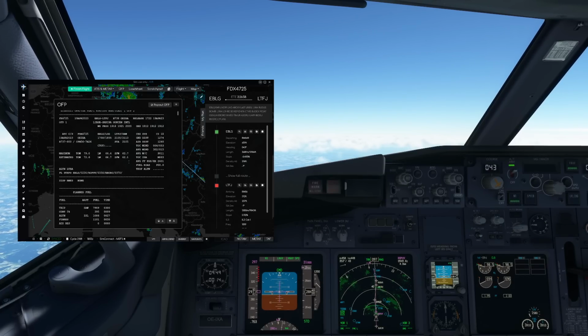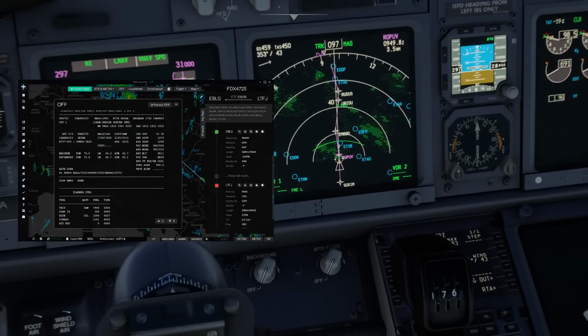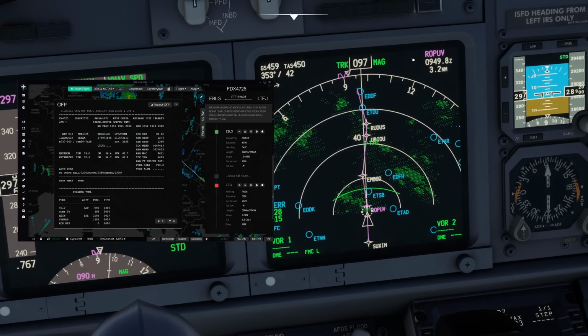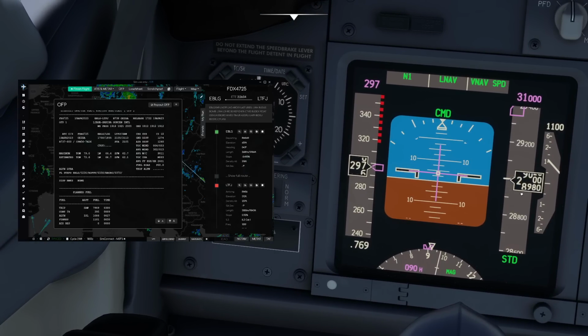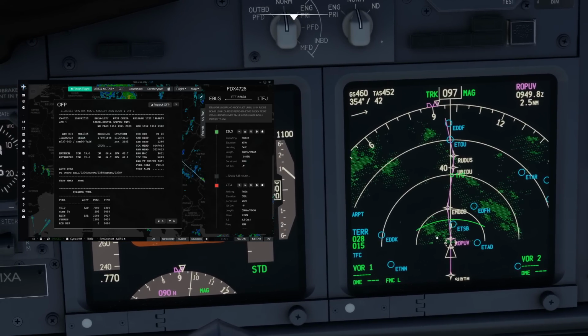For example, if we have a look into this, the flight plan initially wants us at flight level 230 with a stepped climb to flight level 350 at the waypoint Ropoff. And as you can see, Ropoff is basically what we're inbound right now, and we have been climbing all the time, so you can see that we can easily reach level 350 by Ropoff. So basically 350 is our first filed cruising level.